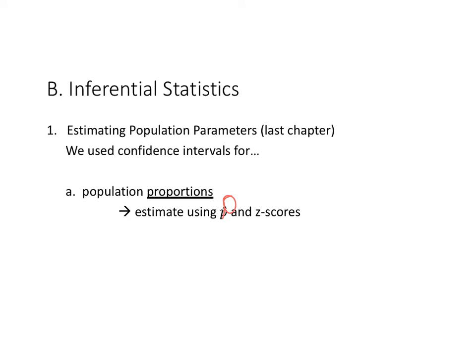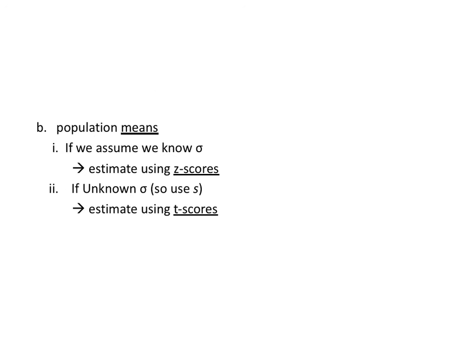And then we also looked at population means. If we knew our standard deviation, then we could use z-scores for that. If we didn't know it, then you had to use your sample standard deviation, and then we learned our new t distribution as well. And that was all for confidence intervals.